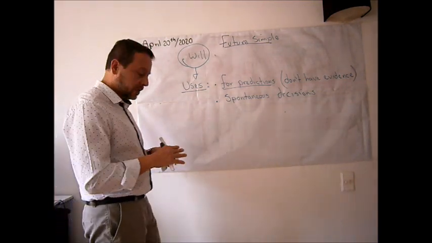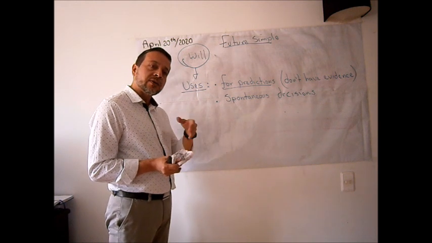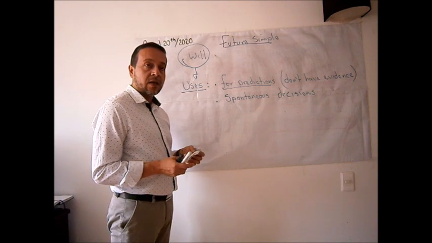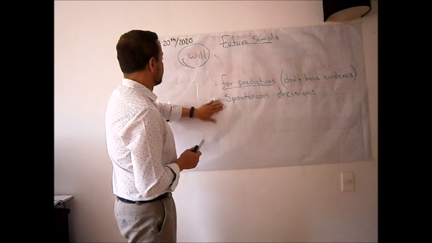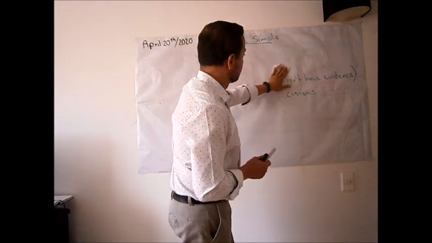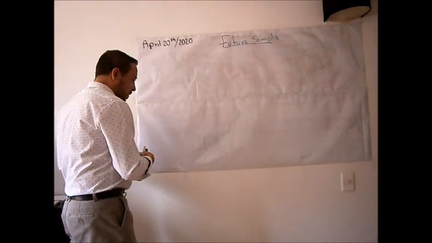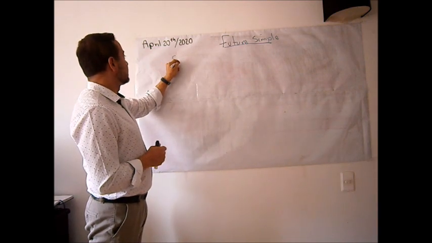Now we are going to see the grammar structure to do sentences with the auxiliary verb will, okay? Remember we have all our subjects.